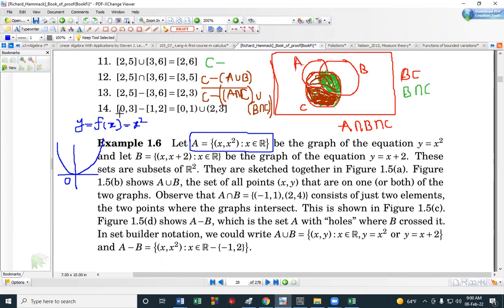Whenever you input some x here, that is squared, and that x squared is the value of y. So you can think of this whole thing as a set of ordered pairs. The first element is the value of x, and the second element is y, which is x squared. And x is all real numbers, because any real number can be squared to produce another real number.